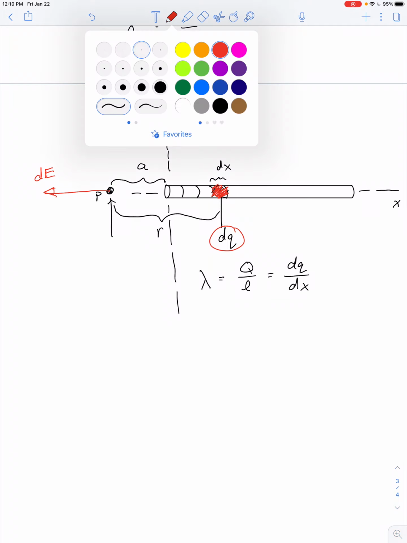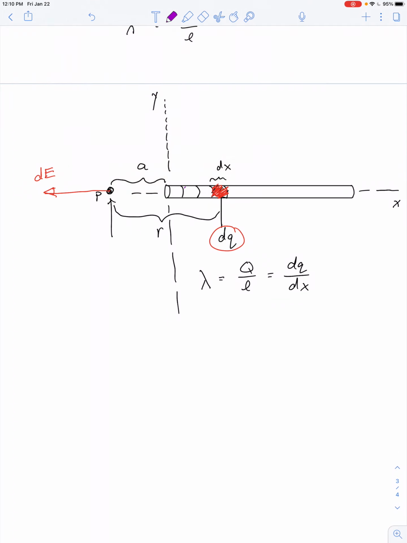Just as well, if I were to take that little element of charge, which also has a value of dq, then the distance from here to here would be a different value of r, so r is a variable quantity. There'd be an even stronger contribution to the electric field from that one just because it's closer.